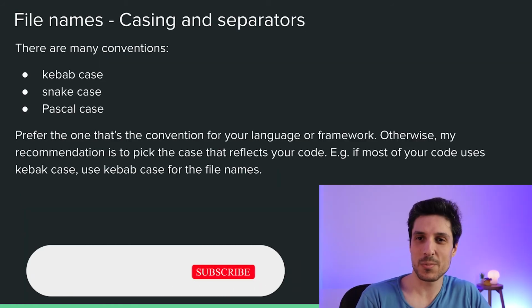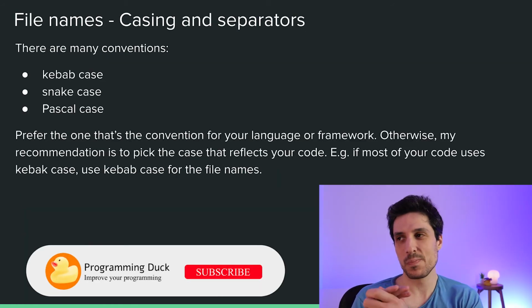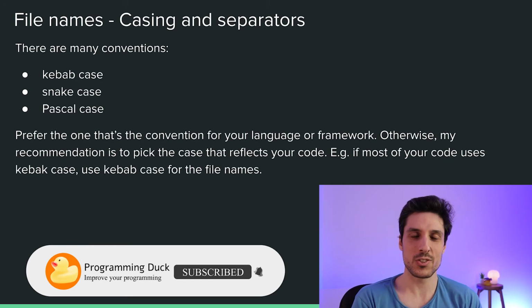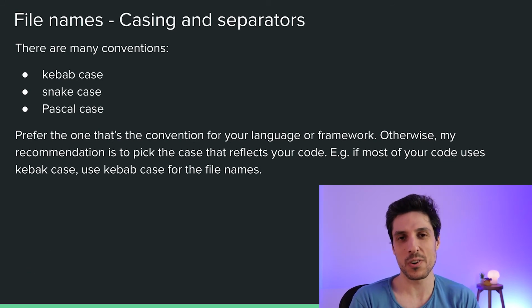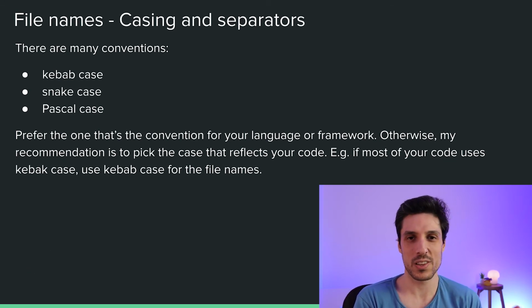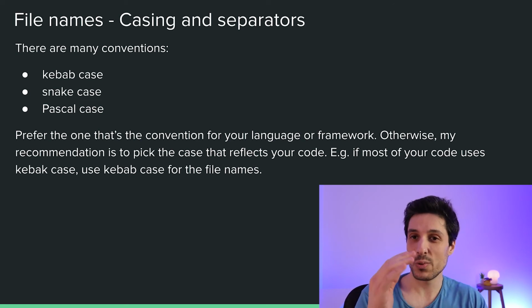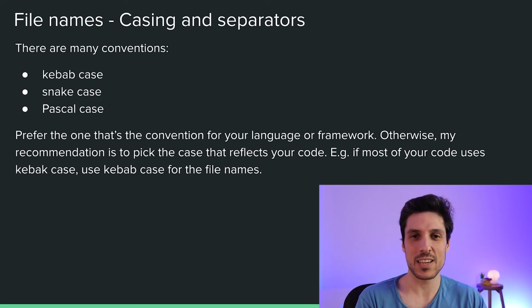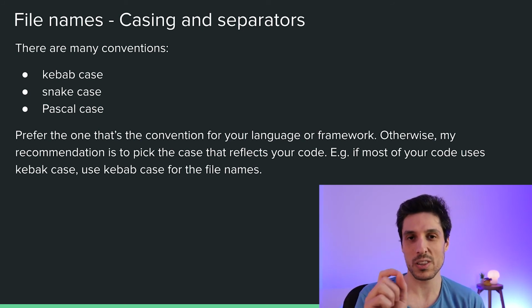All right, next we have file names. And there are quite a few different conventions for file names depending on your programming language, your framework, and things like that. So let's go through a few of them, then you can decide which one is most appropriate for you. So one of the most popular naming conventions is to write file names either in kebab case or snake case. What that means is fully lowercase with either hyphens or underscores to separate the words.